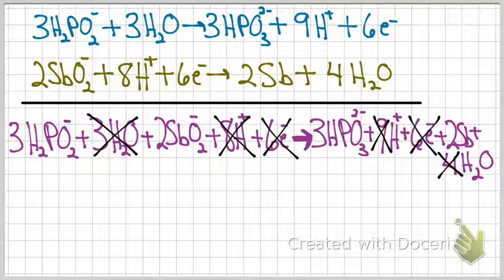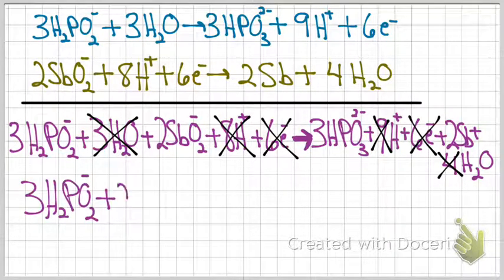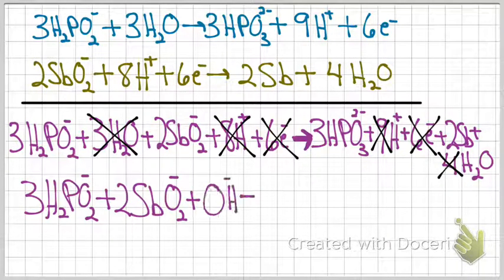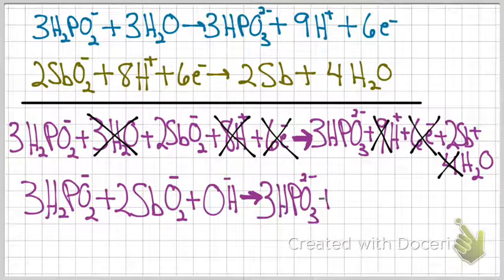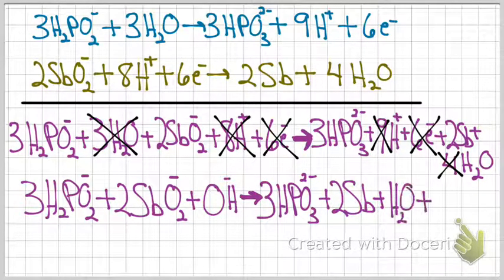So now I'm going to rewrite the equation one more time and write down all those species that survived, so to speak. Now you'll notice here is where the difference occurs. When I canceled everything out, I still had a hydrogen ion on the right side, which would indicate an acidic condition.